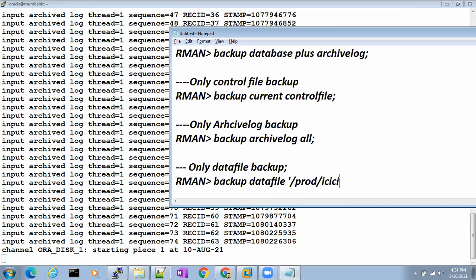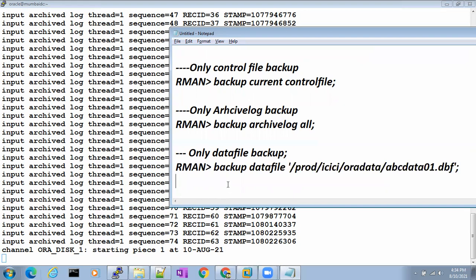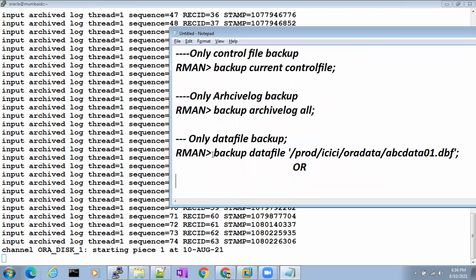Okay, Aura data. And which data file you want to back up? That file name you have to give. Let's say if it is abc data 01.dbf, you want to take the backup of this data file, so give like this. Or you can also give it in a different way: backup data file.